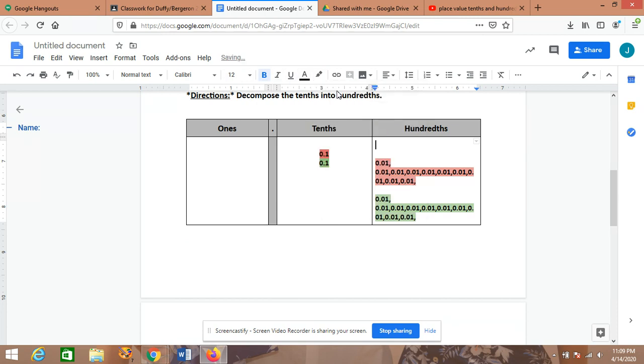They won't be highlighted. Imagine we didn't do the decompositions yet. We started with the 2 tenths, and we also already had these 4 hundredths. So we're still going to decompose these, and it would be the same thing. We take this 1/10, it becomes these 10 hundredths. Take this 1/10, it becomes these 10 hundredths.